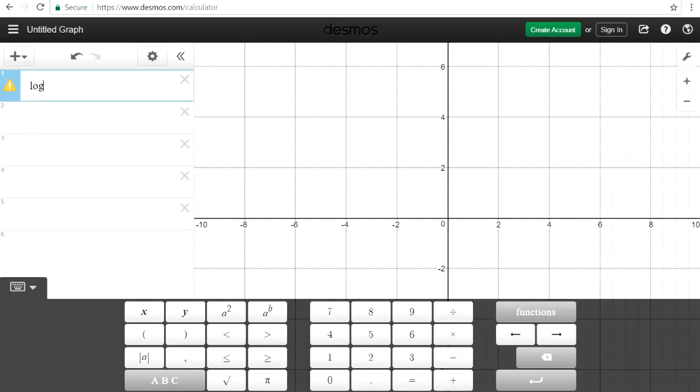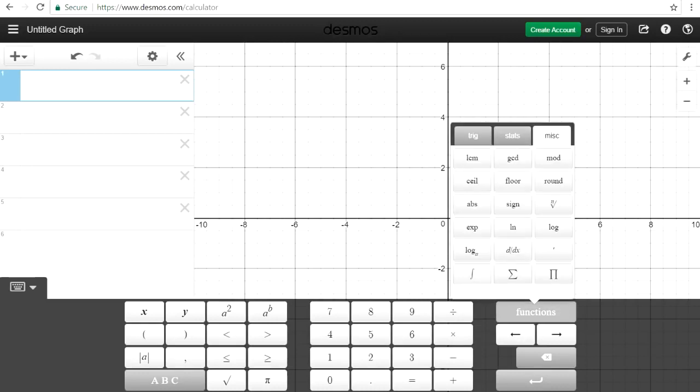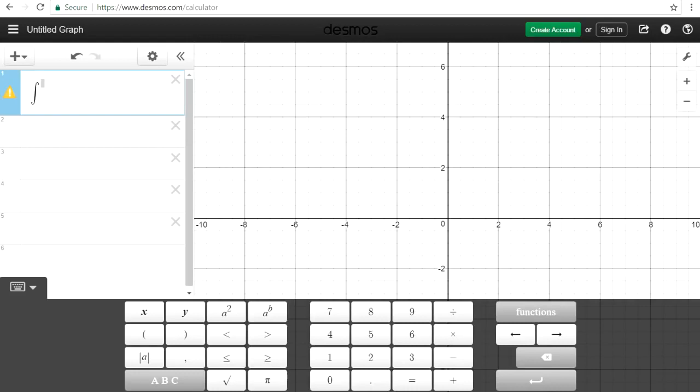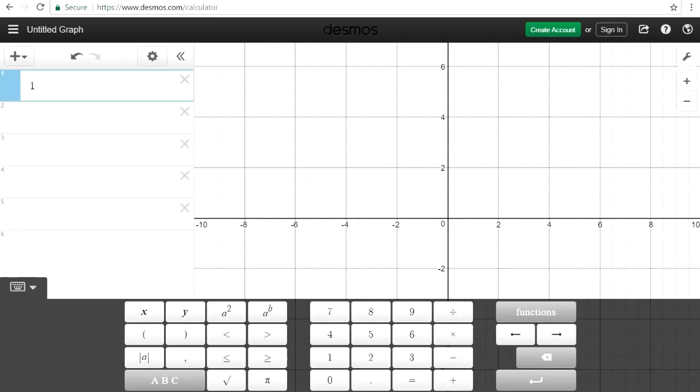So you can evaluate logs with this tool. And there's other things that you can do. For those of you who are taking calculus, you can also find the value of an integral. Let's say you want to integrate x squared from 1 to 2. The value is 2.33. So that's another useful tool if you need to find the area of a shaded region or something.